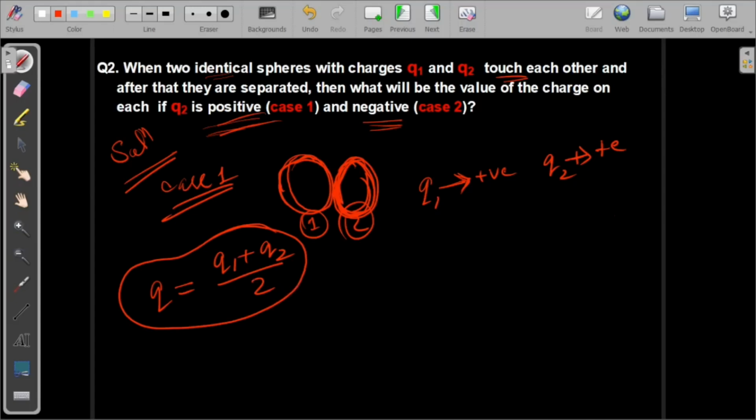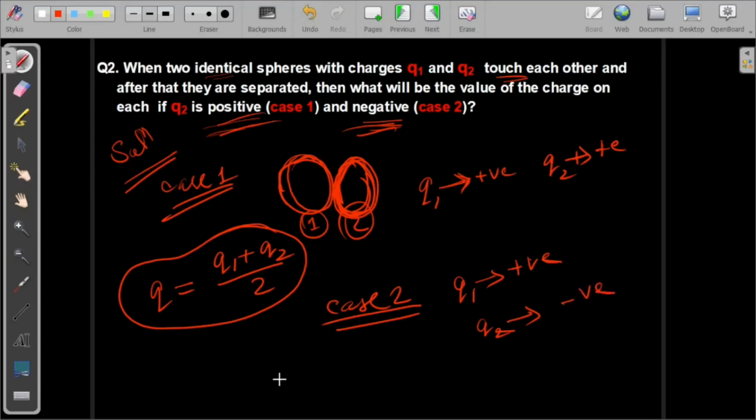Case 2. Suppose q1 is positive, like the previous one, and here in case 2, q2 is negative. That means they are of opposite signs. In case of such opposite signs, we'll simply subtract in this way and divide by 2.